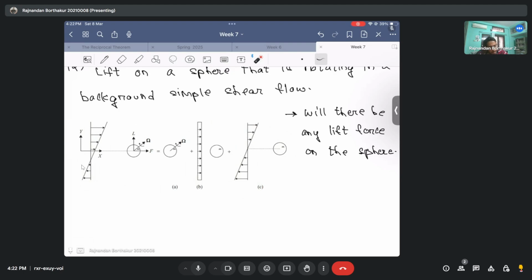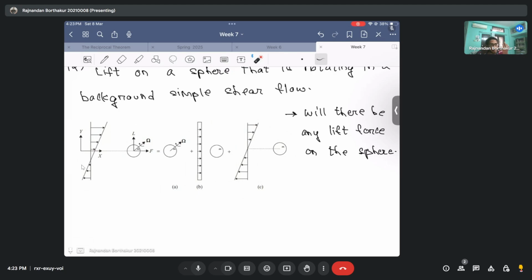The other two individual problems I'll call problem B and problem C. I hope you understood how the decomposition is done. There was a sphere rotating with some omega in an off-centered shear flow. The objective was to find whether this sphere experiences any lift in the limit of creeping flows.